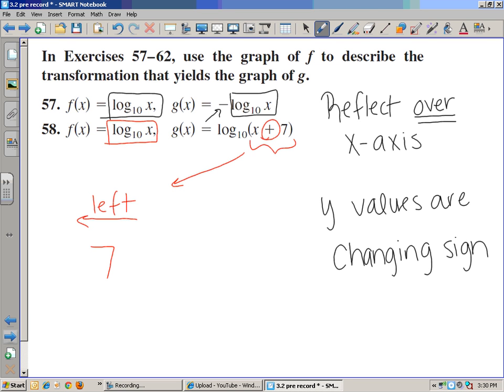Not plus, but left, negative. Okay? So we're going to use the shortcut method or the cheat method, right? We want to talk about our translations. We want to know what the parent function looks like. And then we want to be able to use those shifts. One of the most important concepts of logs is that logs and exponentials are inverse operations. They are used to undo each other.